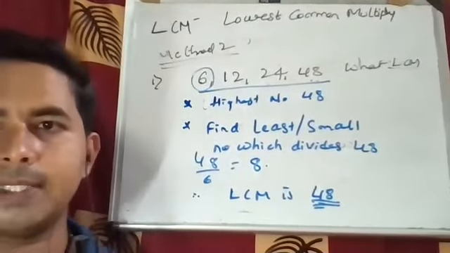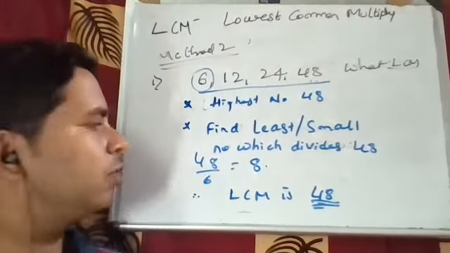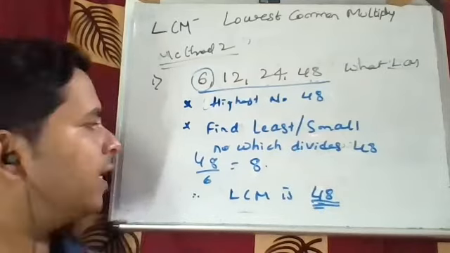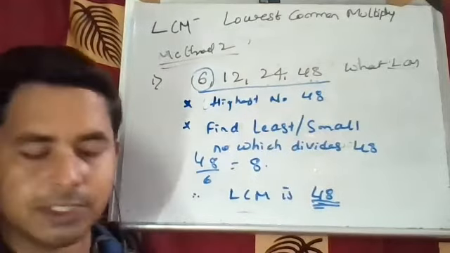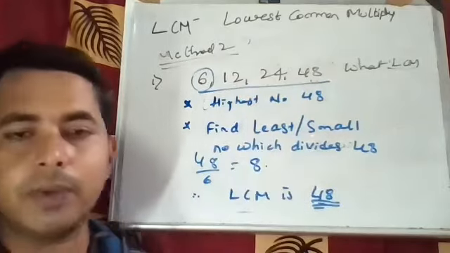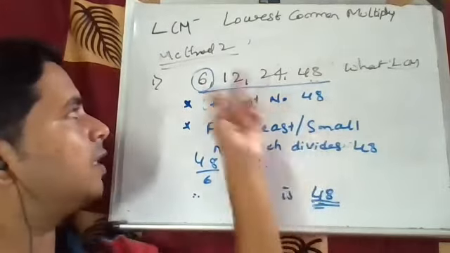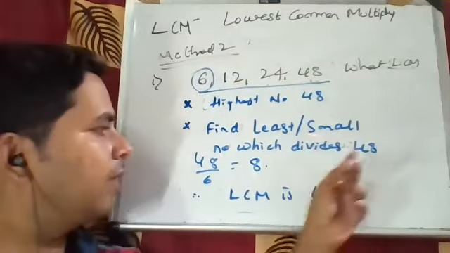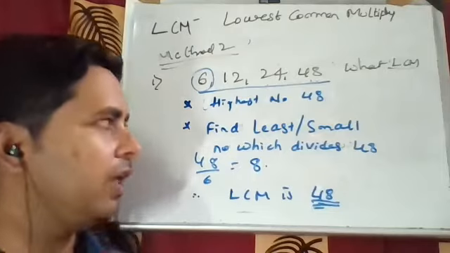Okay, what is your LCM here? 48. So what is your method here? Find first which is the highest number, then check whether all numbers divide that highest number. The smallest number which divides the 48, yes, the smallest number is dividing, then your LCM is 48.